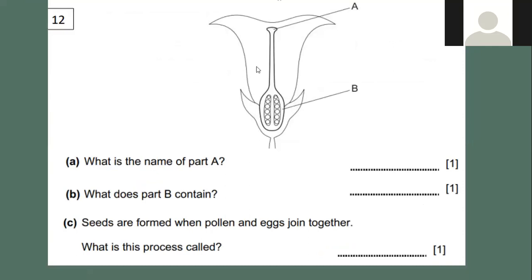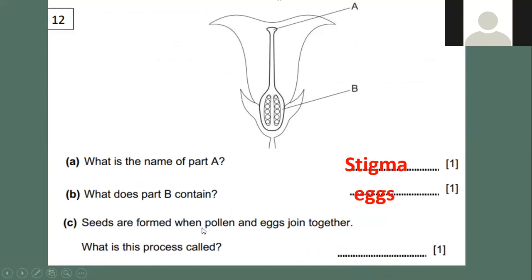Here we have parts of the flower, A and B. What is the name of part A? Part A, of course, is the stigma that catches pollen. What does part B contain? Part B, which is the ovary, contains eggs.